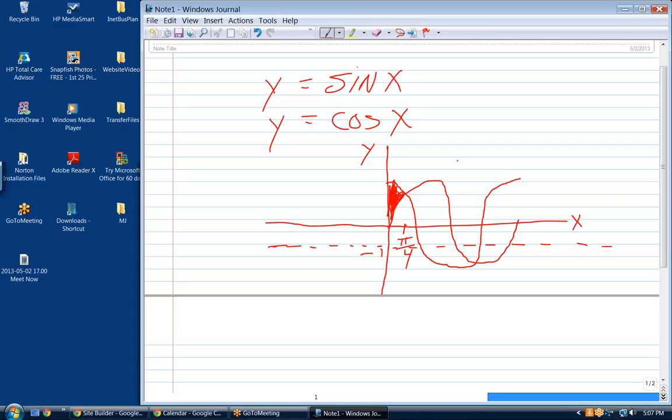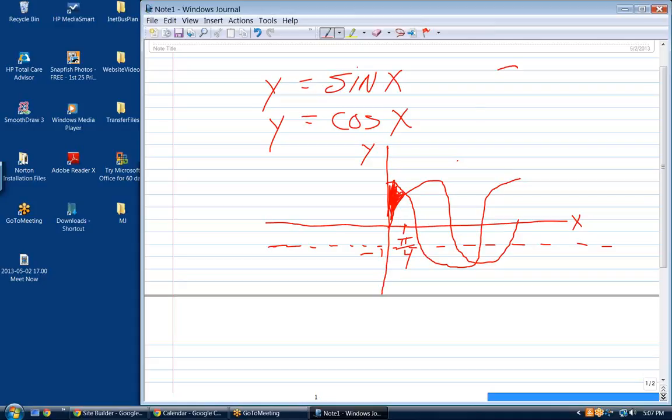The inside radius is going to be sine x plus 1, and the outside radius is going to be cosine x plus 1.